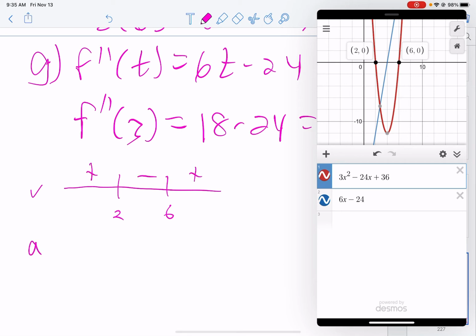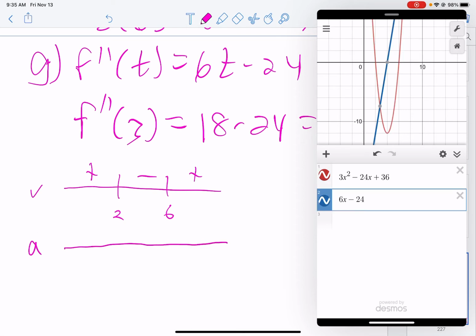Now let's look at our acceleration. Our acceleration is the blue graph, and up to 4, it is negative, so here and here it's negative. And here it's above the x-axis, it's positive.